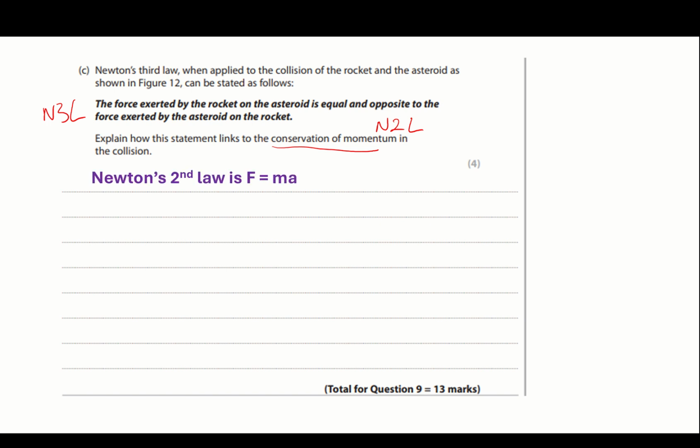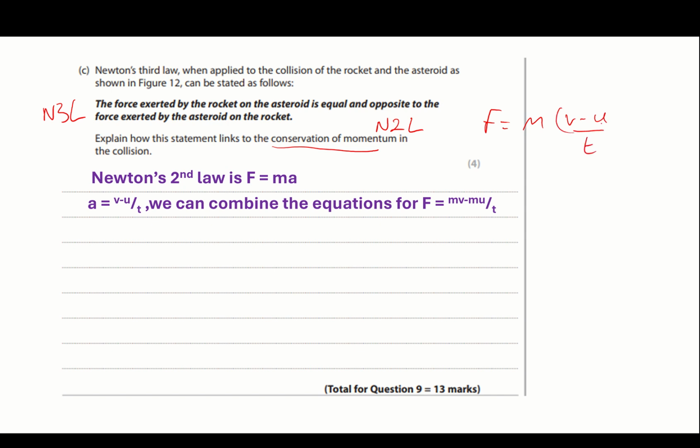So to go over this then, well, Newton's second law is F equals ma. Next part, well, we know that a equals v minus u over t, so we can combine those. So you can imagine now we've got F equals m times a. I'm now going to swap a to v minus u over t. And now we can see, oh yes, I get exactly where that equation comes from now.